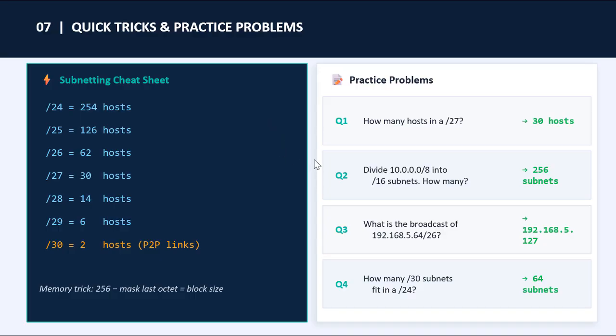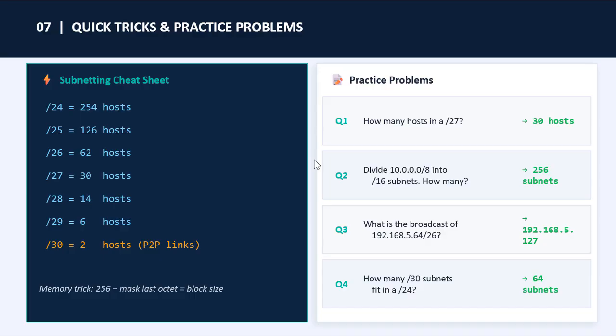How many hosts in a /27? So /27 is 5 host bits, because 32 minus 27 is 5. So 2 to the power 5 is 32. 32 minus 2 is 30.